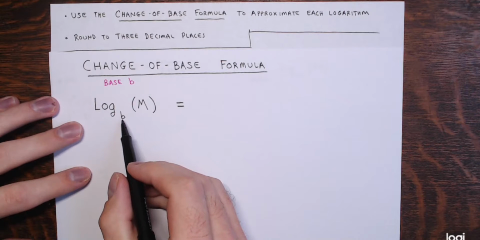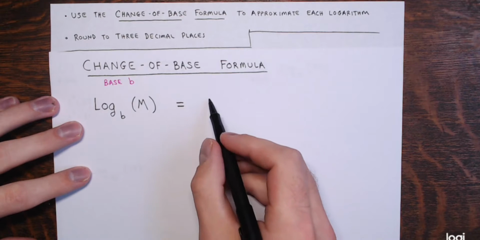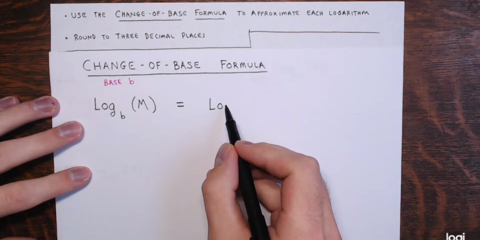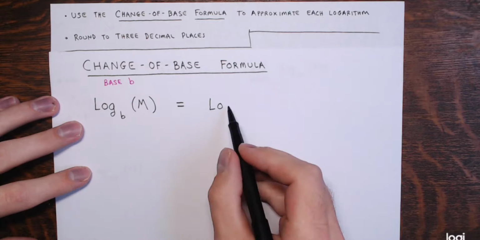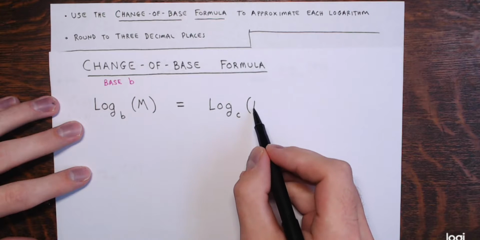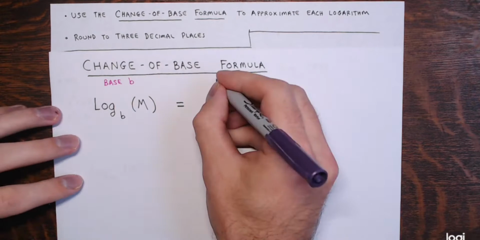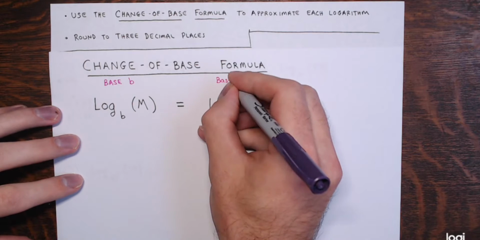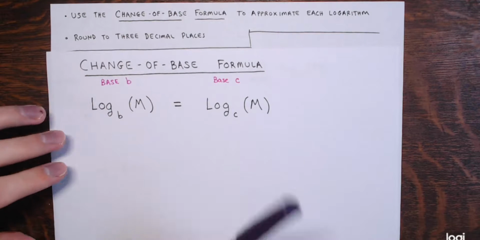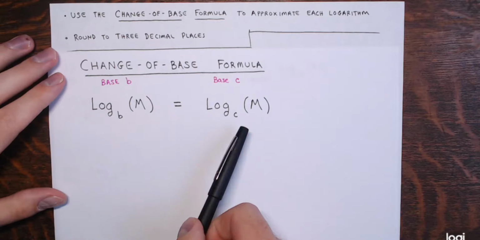We can actually change this base to any other base you want. So let's say instead of taking the log base b of m, we take the log base c of m. So over on this side, this is base c. Now you can't just do that and have them be equal. Right? This isn't totally true just yet.